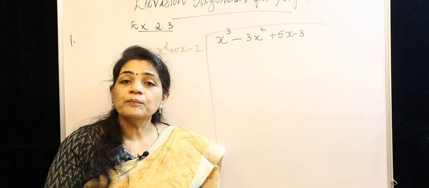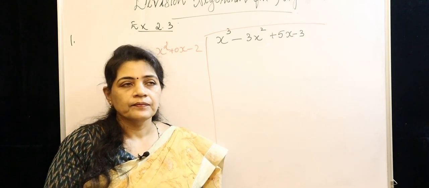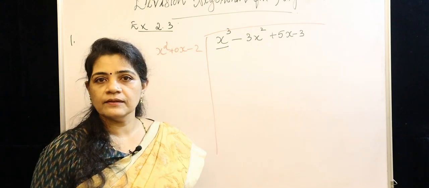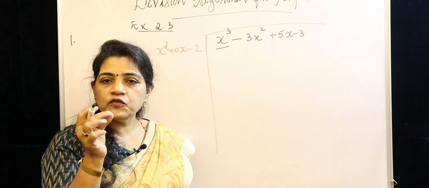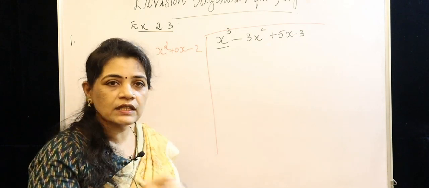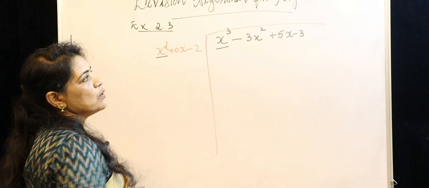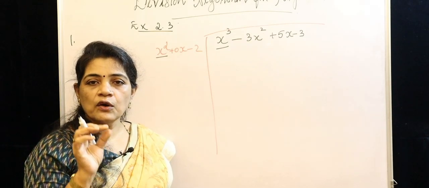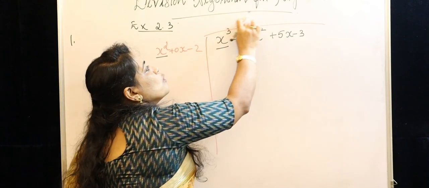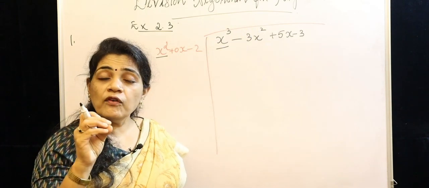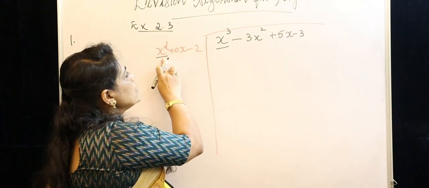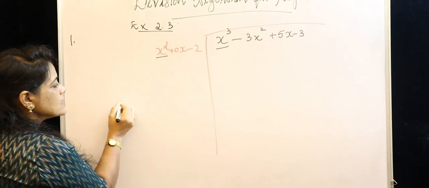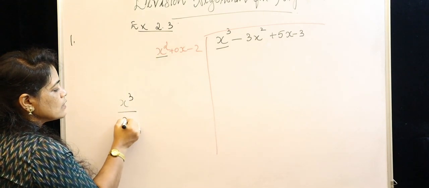See children, the first term in p of x is x cube, right? Divide the first term of p of x with the first term in g of x, that is x square. That point is clear. In order to get the first term in the quotient q of x, divide x cube by x square.